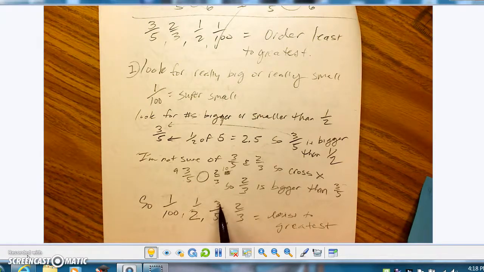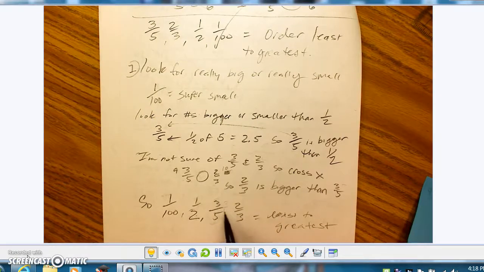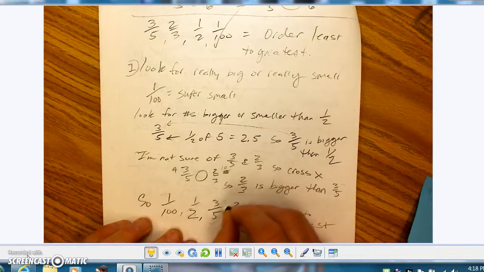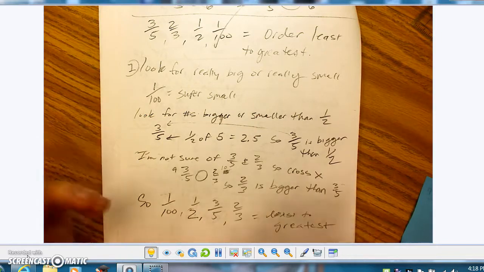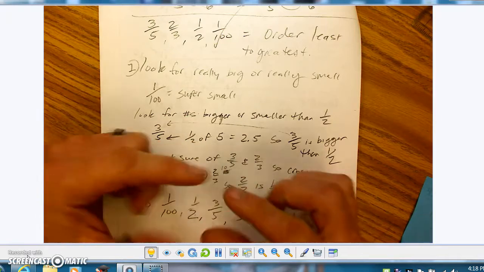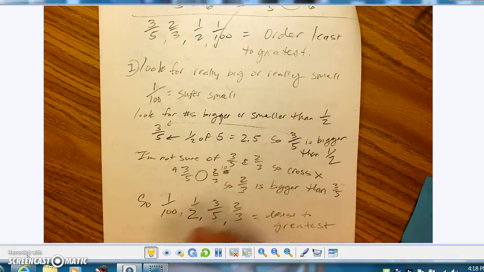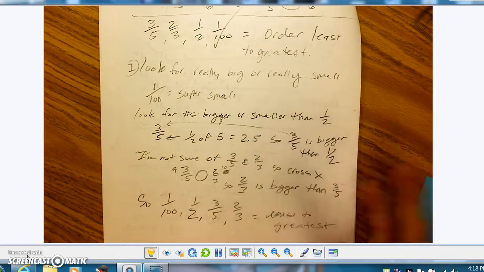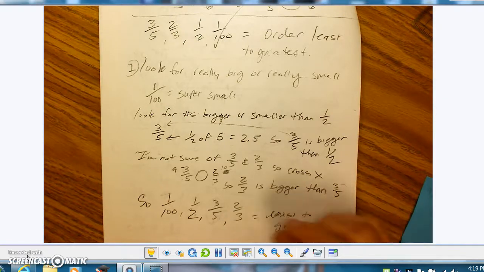And so that means that if it was 3/6, out of 6 pieces you got 3. Well, you don't have 6 pieces, you have 5 pieces. Remember, the less and less pieces you have, actually the bigger and bigger the pieces get. The smaller the denominator, the bigger your pieces.